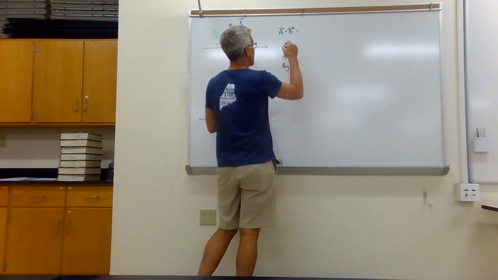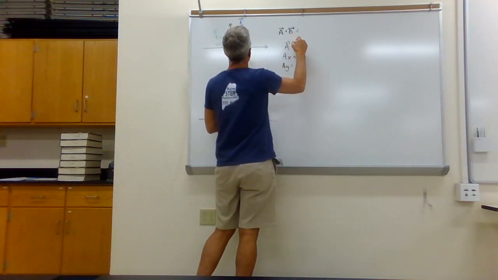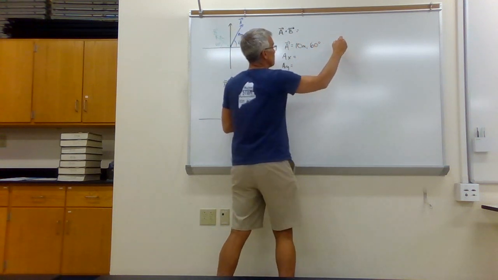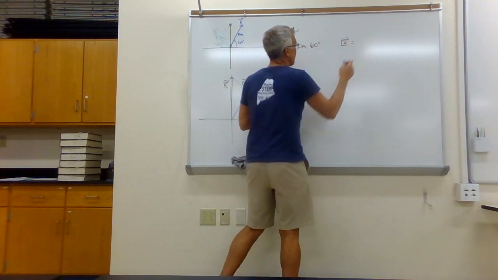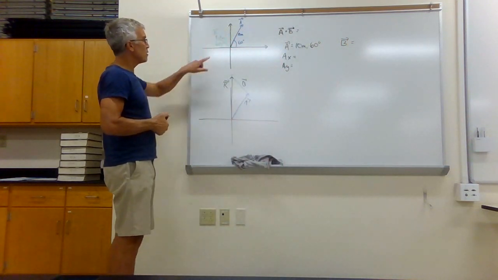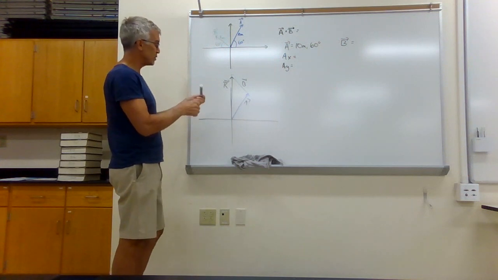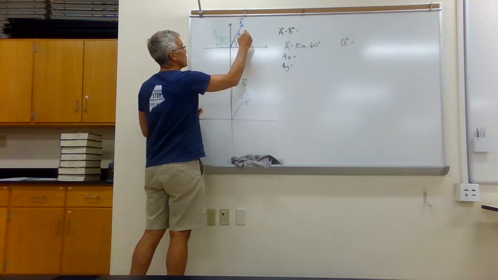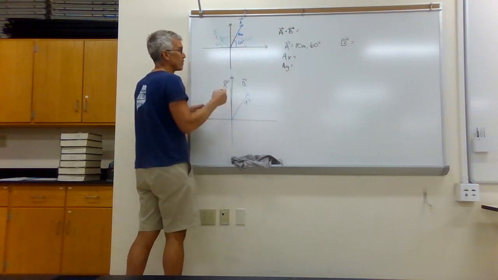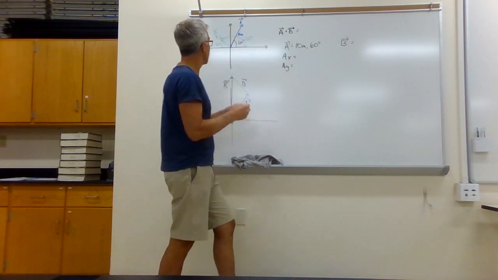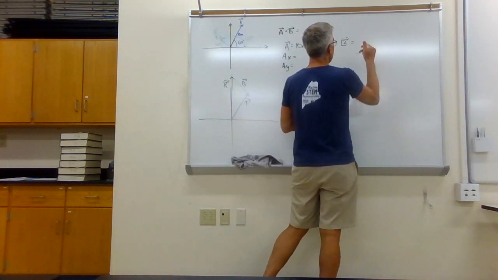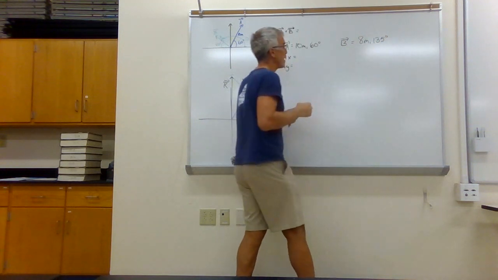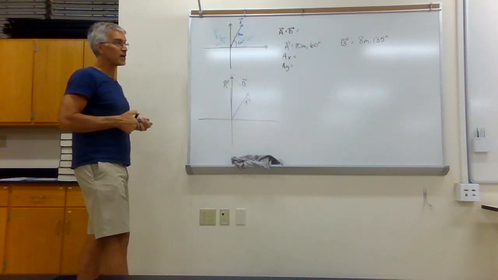So vector A has a magnitude of 10 meters and an angle of 60 degrees. For vector B, I'm not going to use this 45-degree angle. I am going to measure my angle from the positive x-axis, so I'm going to use 135 degrees. Vector B has a magnitude of 8 meters, and it makes an angle of 135 degrees with the positive x-axis.